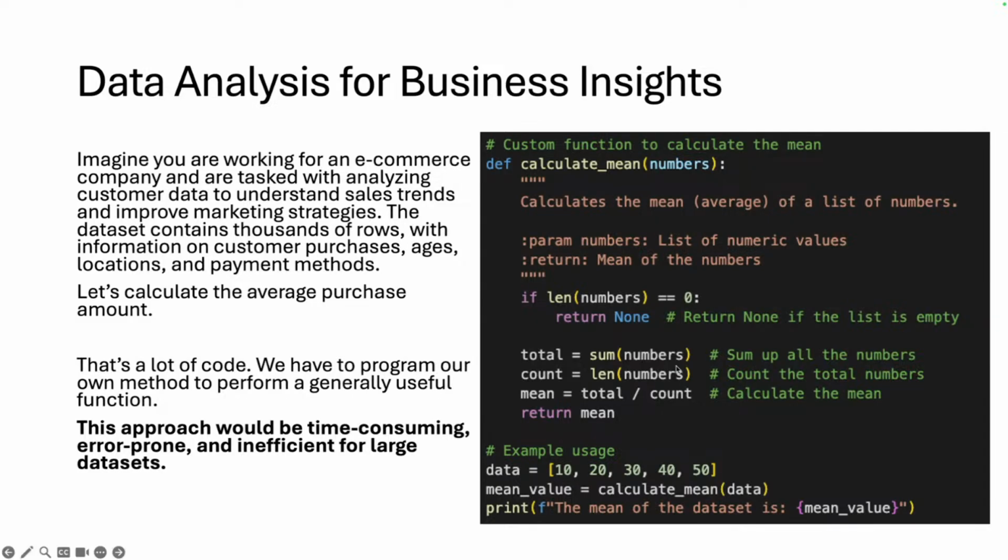So here's an example. What if we had to calculate the mean? We'd create a function to calculate the mean. We'd say if the length of numbers is equal to zero, return none if it's empty, then calculate the total and the count, and then grab the mean. We're giving it our data, our quote unquote thousands of rows. I just did a short version here.